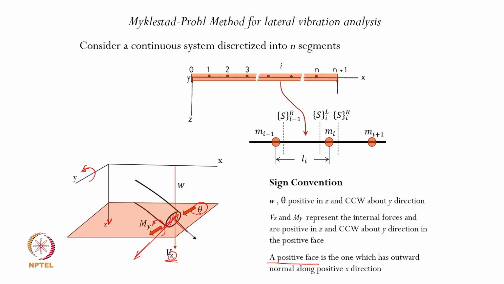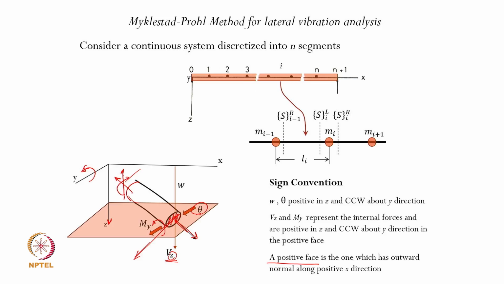Now the outward normal of this end face of the segment, as I mentioned, is in the positive direction of the x axis, and therefore we use these conventions to represent the extreme right side of the segment. On the left side, you would have the outward normal going in the negative x direction, and in that case the positive shear force will be upward that way, and the bending moment will be in this direction.